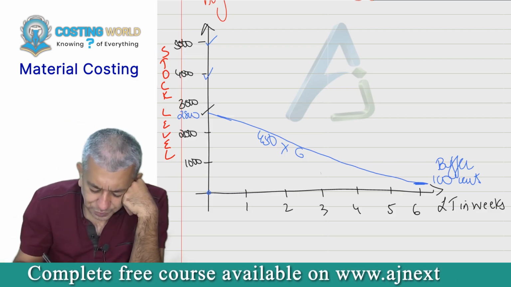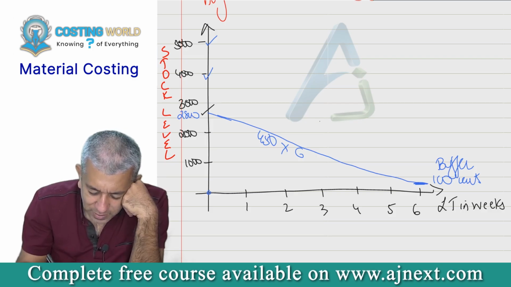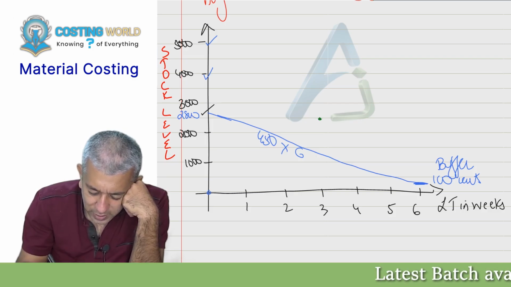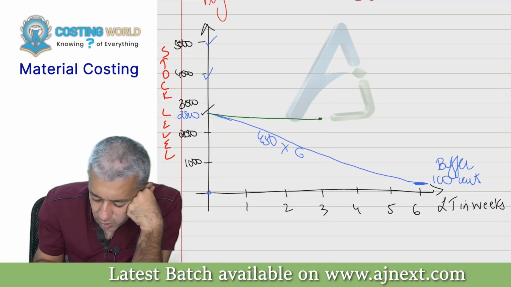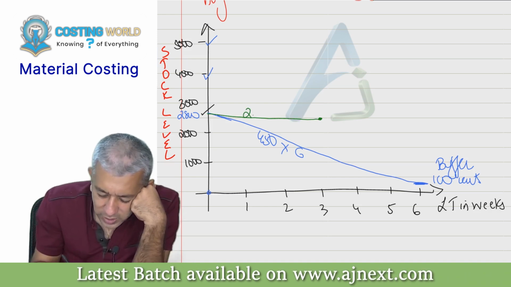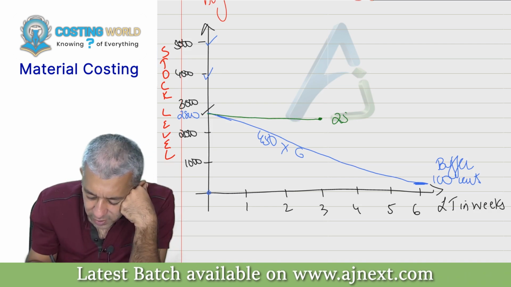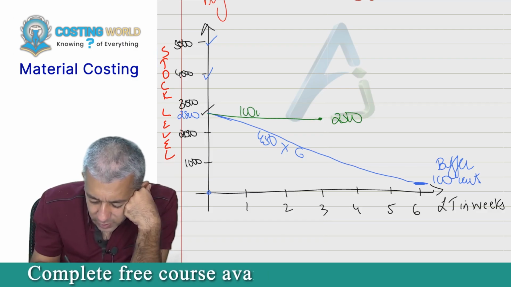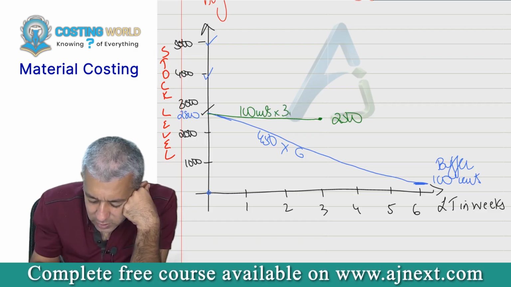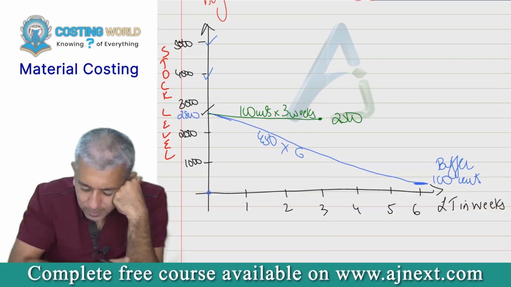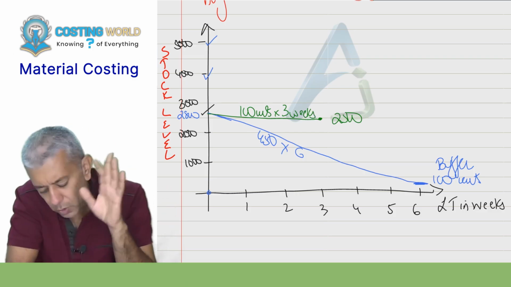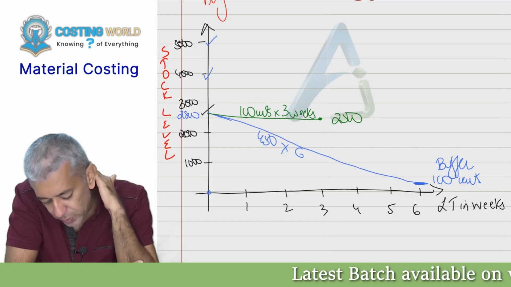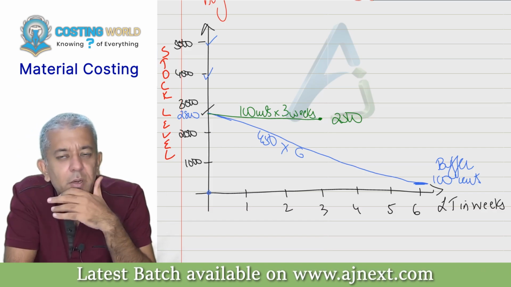Can we say that when the supplier comes, in this particular case, my stock will fall from 2,800 to 2,500, no? Because 100 units into 3 weeks will be going away. Is that all okay? Yes, sir. All fine. So in this particular case, 2,500 units will be left.